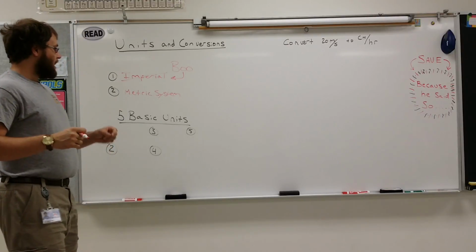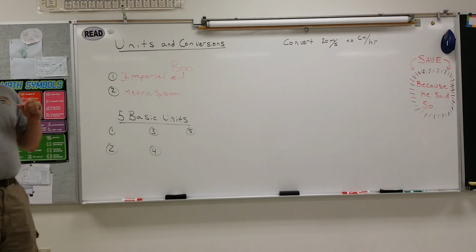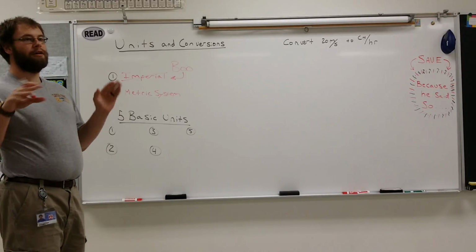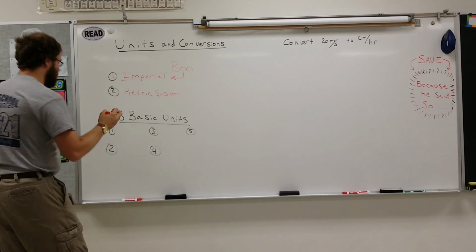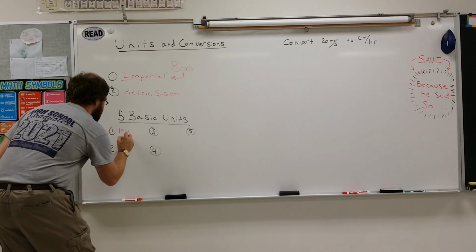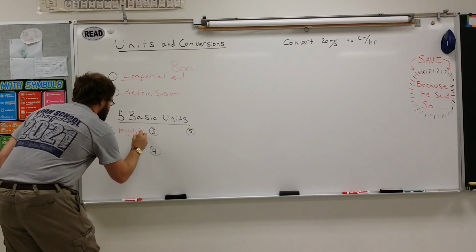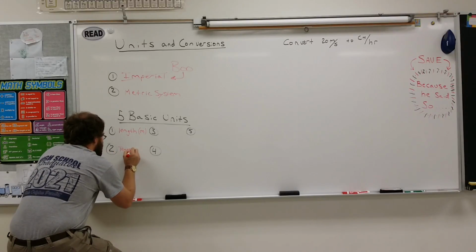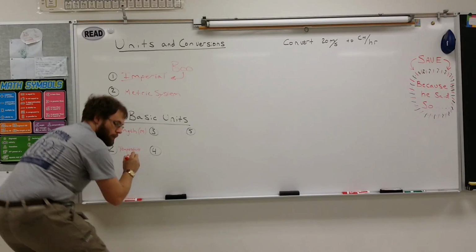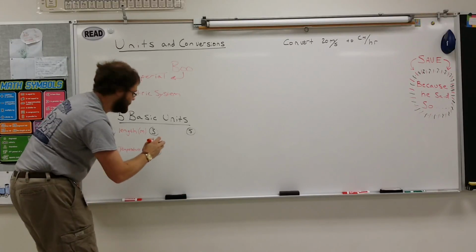There are 5 basic units that you're going to use, that every other unit that you'll ever use in this class is going to be made out of. Those units are length, which is in meters. Temperature, which is in Celsius.